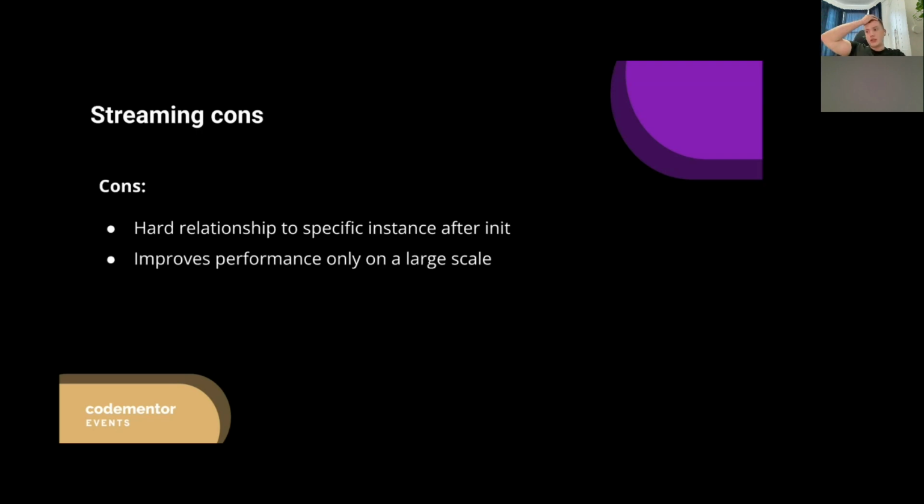So let's first talk about why, hypothetically, you might use streaming. First of all, it might sometimes be more performant, but the problem is it's usually only on a large scale, as practice shows and the materials that I have read. So you would think twice before using it.